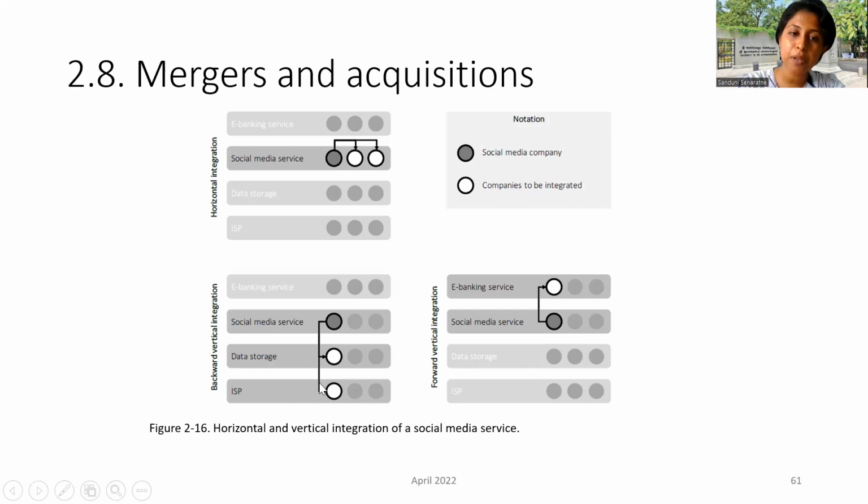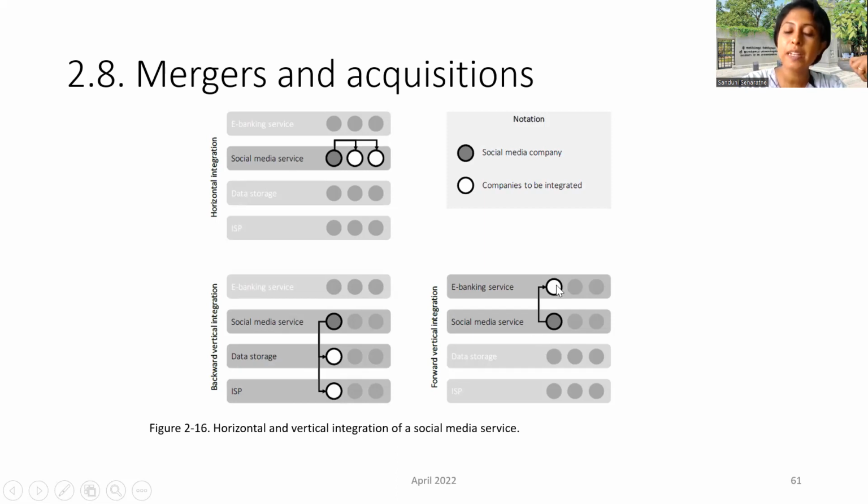So the social media service, in order to provide their service to the customers, needs these back-end participants of their supply chain to provide this service. So instead of obtaining their services for a fee, they integrate with these companies to form one large company, right?